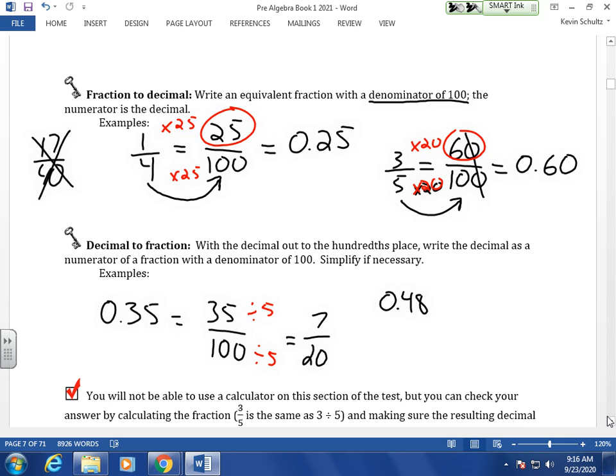So your first step is to write that as the fraction, 48 hundredths, 48 over 100. And then what is the greatest common factor of 48 and 100? What can we simplify? What can we divide by? Both 48 and 100. 4. Right? And that gives us 12/25. Okay?